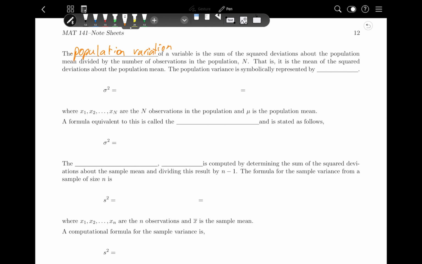The population variance is symbolically represented as sigma squared. So this is a lowercase sigma, and it's denoted with a squared because it's the square of the deviations. And its formula is the sum, basically what we do is we find the deviations like we did on the previous page, x minus the mean, and we add those all together, squared.